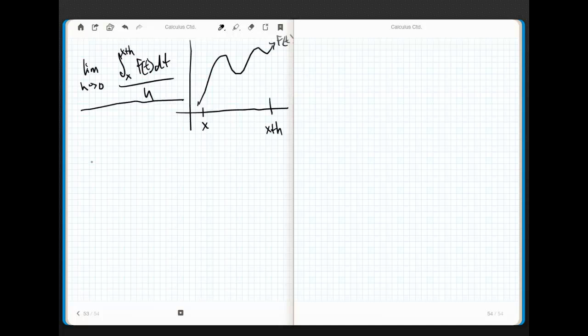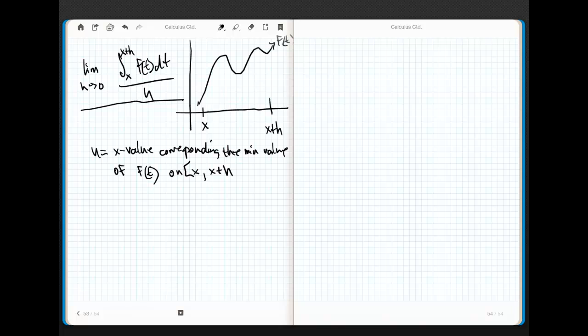I'm going to let u equal the x value corresponding to the minimum value of f of t on the closed interval from x to x plus h, right?